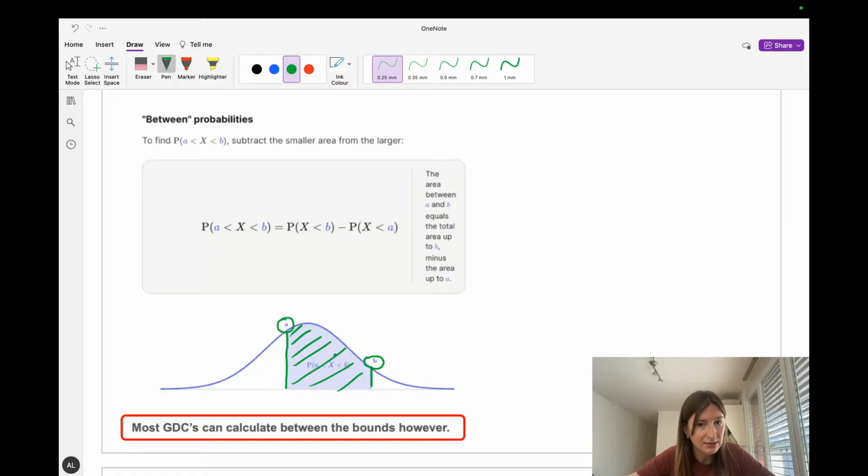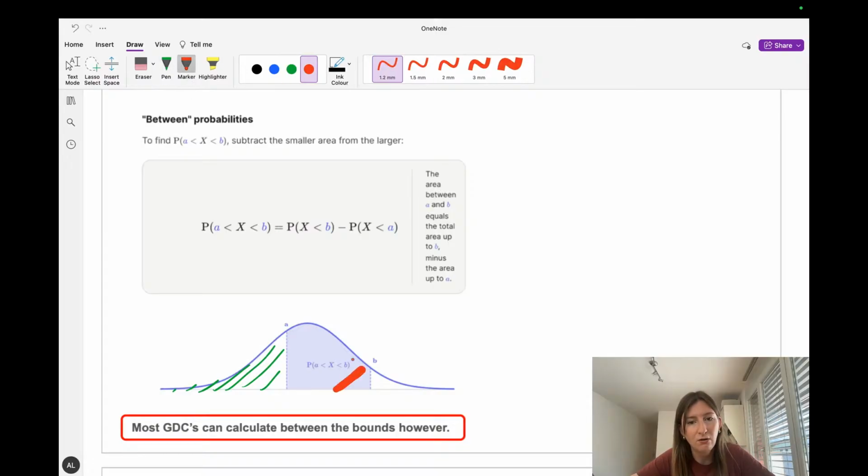Some calculators, however, are not able to do that. So what you would have to do is break this up. You'd have to first find this area, right? Then you would have to find the whole area from this point and then subtract them to find this place here.